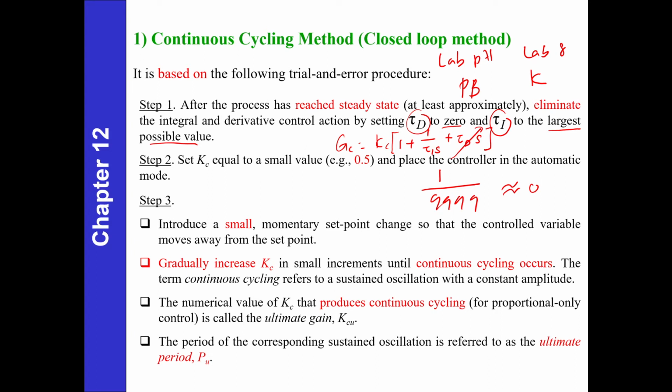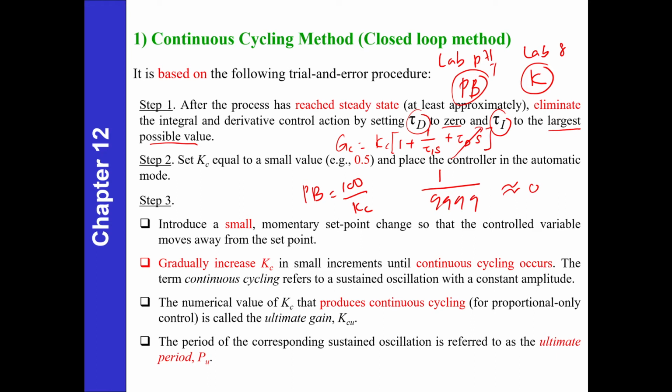The difference is only about these two. Your pH and temperature lab uses PB, but lab 8 uses K, and PB is equal to 100 divided by Kc. So Kc or PB is the same thing, representing the proportional mode.